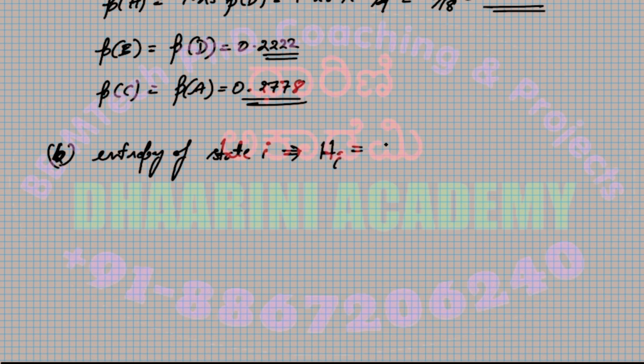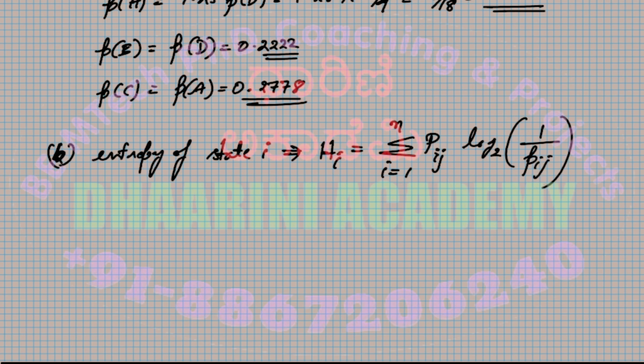Hi is equal to the summation, j varying from 1 to n, there are n states, of Pij, the probability of moving from the ith state to the jth state, times log to the base 2 of 1 divided by Pij. It's the same equation which we had written earlier.